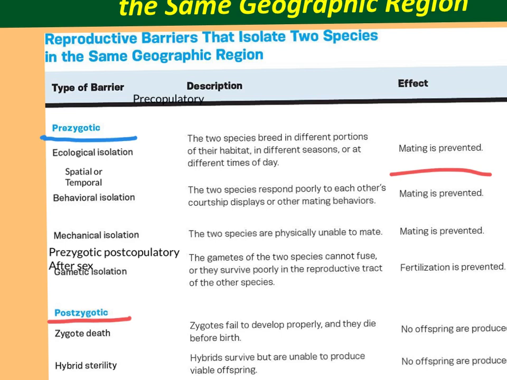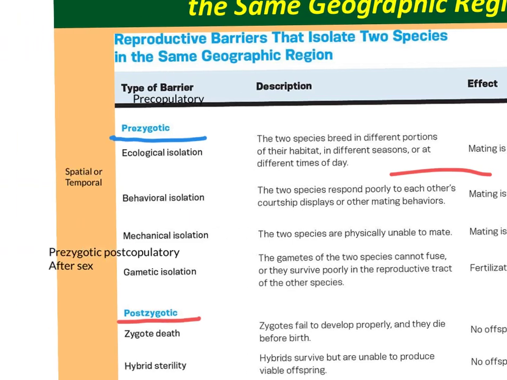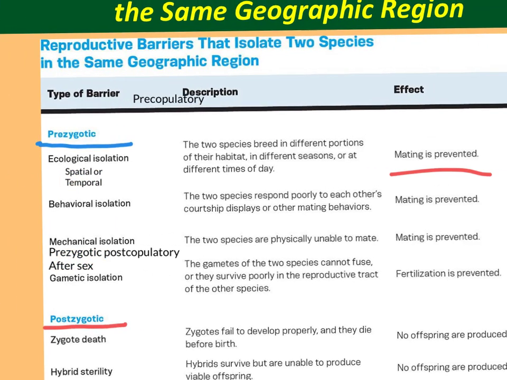So they have sex, but their gametes don't work together. The sperm of one is not able to fertilize the egg of the other. This is gametic isolation. So mating is prevented, and then fertilization is prevented.